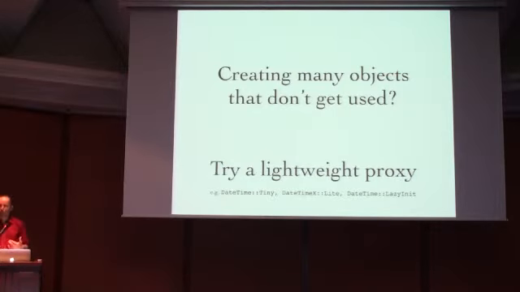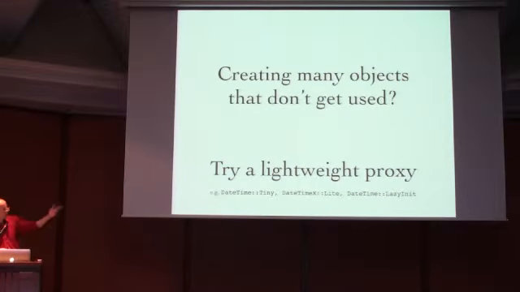Now, another common problem is creating a lot of objects that don't get used. So a typical example here would be processing log files, or processing some kind of line-based data or record-based data. You're inflating the log records, or you're inflating the things coming from the database, and then maybe higher up in the code you're throwing most of them away. So you spent a lot of time creating objects that you then discard without using.